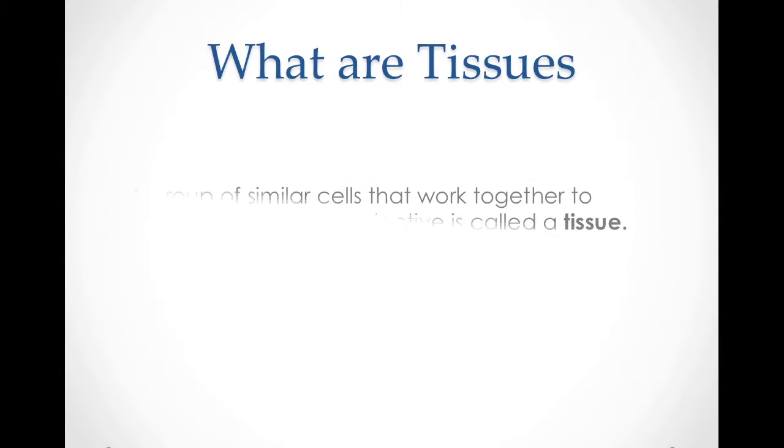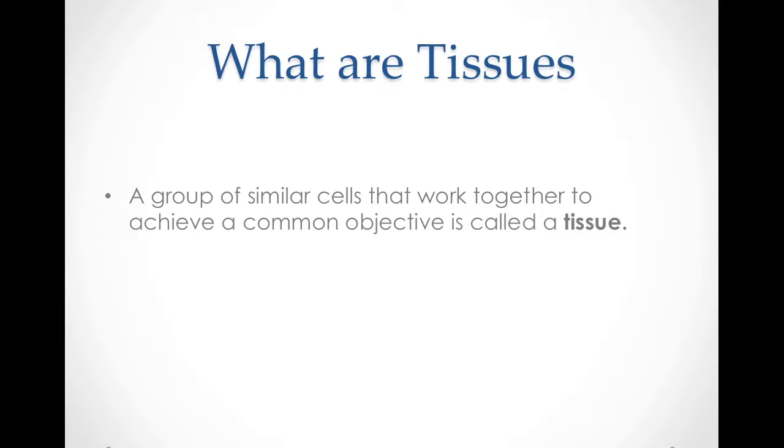What are tissues? Well, a group of similar cells that work together to achieve a common objective is called a tissue. Like your blood is a type of tissue because it transports substances from one part to another in your body. Your bone is made up of tissues which provide strength and structure to your body.